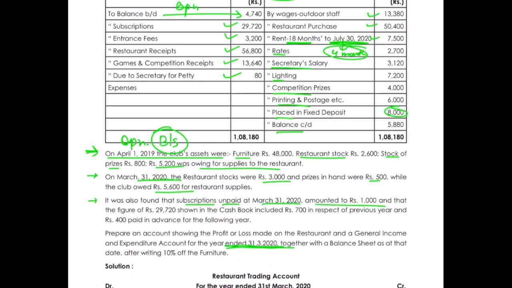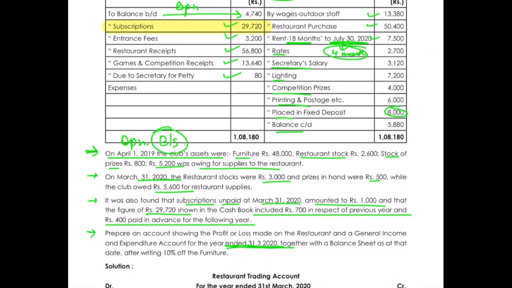This is the closing arrears which they have given, and that figure of 29,720 in the cash book. So they are talking about this figure. Included 700 is in respect of the previous year and 400 in respect of the advance for the following year. So we know how to make the adjustment for these. What we need to prepare?